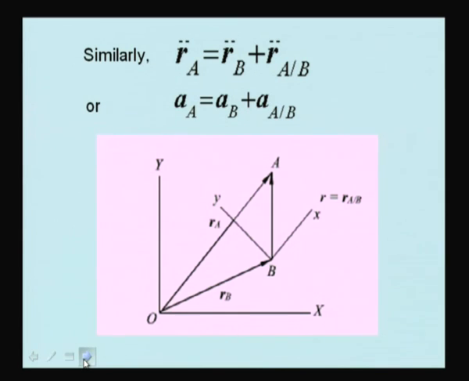So r double dot A is equal to r double dot B plus r double dot A/B, or a_A is equal to a_B plus a_A/B. Here a_A is the absolute acceleration of point A, a_B is the absolute acceleration of point B, and a_A/B is the acceleration of point A with respect to point B in the reference frame which is moving.